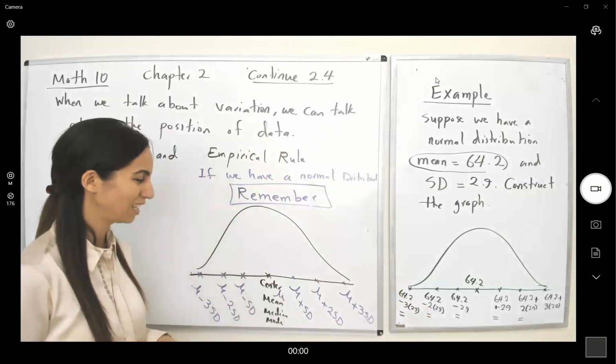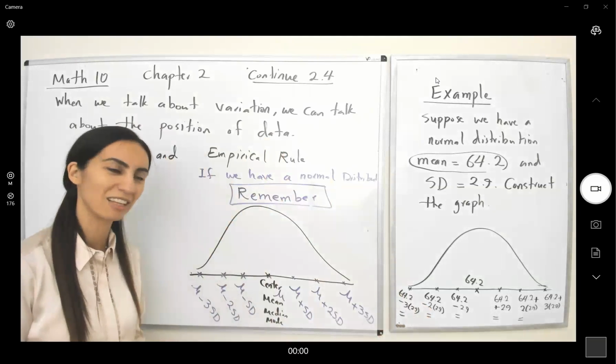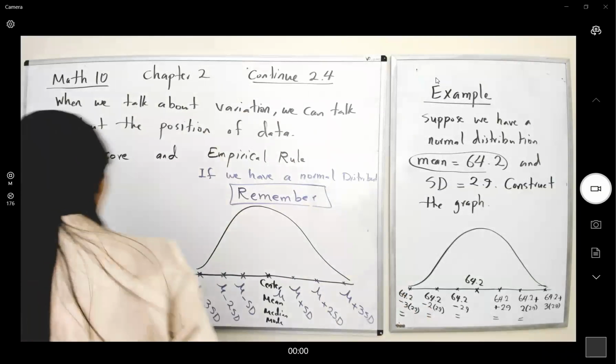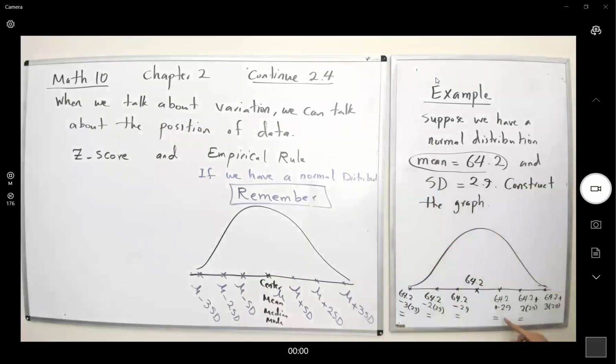Okay? There we go. Let us find these numbers here. You get 67.1. Then you get 70. And my last number is 72.9.